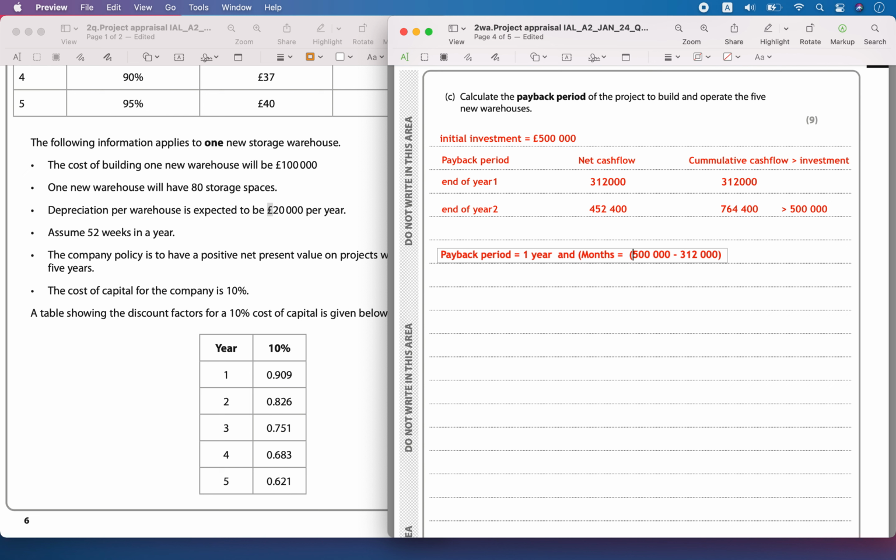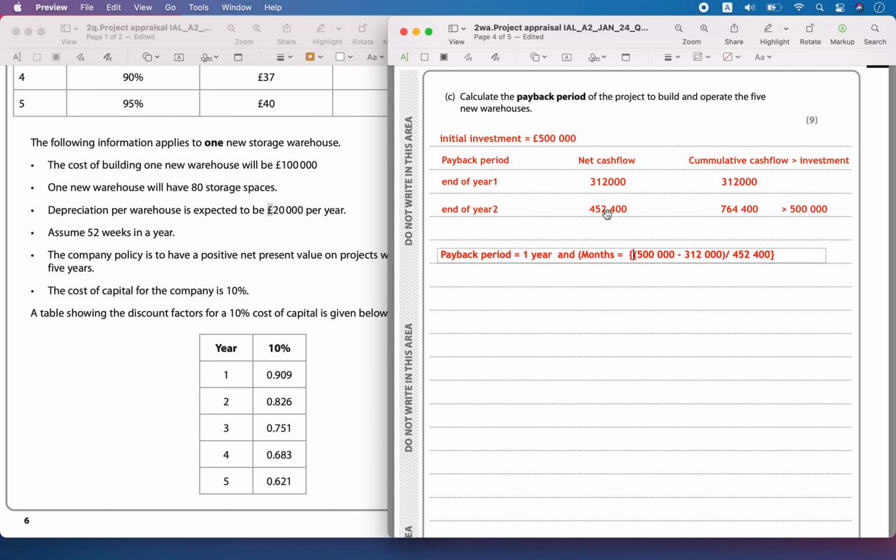In the second year, that is divided by the net cash flow happening in that year, which was 452,400. I calculate what proportion of the cash flow it constitutes, times 12 to convert it into months.